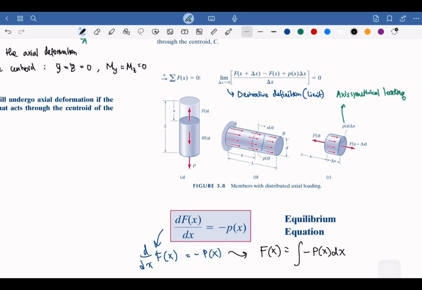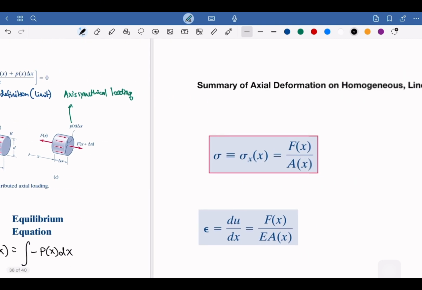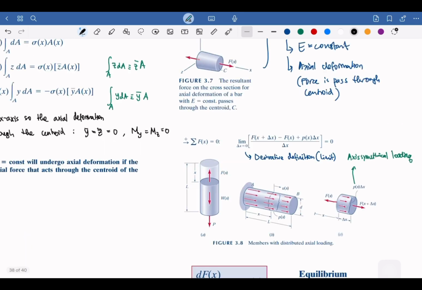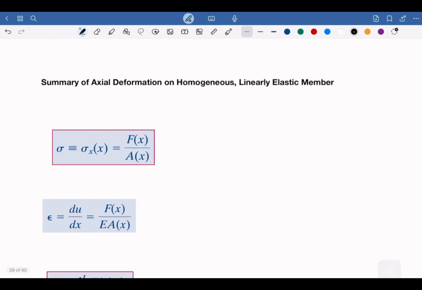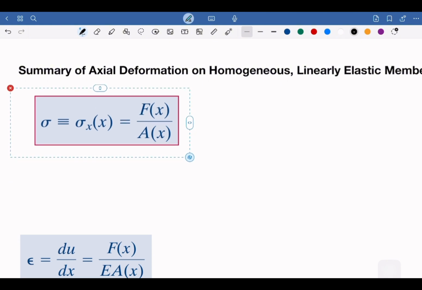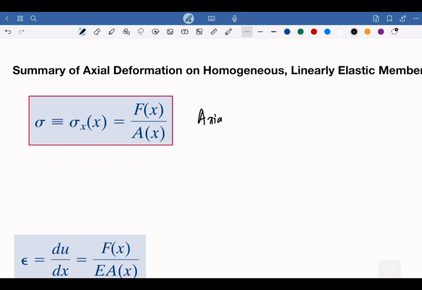Now, this part we are going to summarize. Okay, all this part we are going to summarize. So first is the axial stress formula. This is the axial stress formula. Okay.